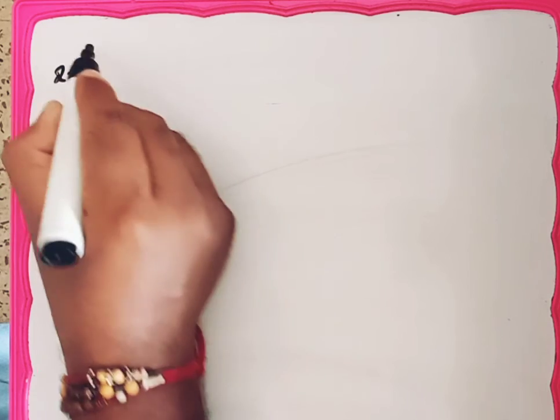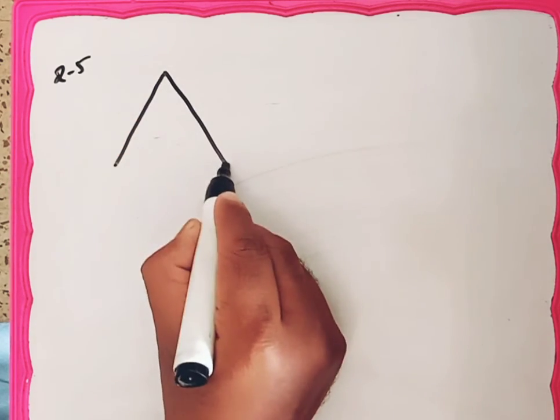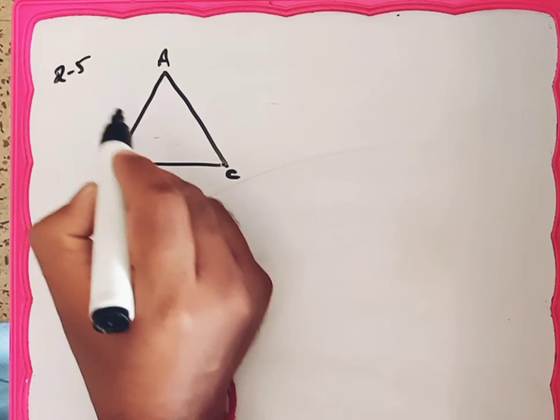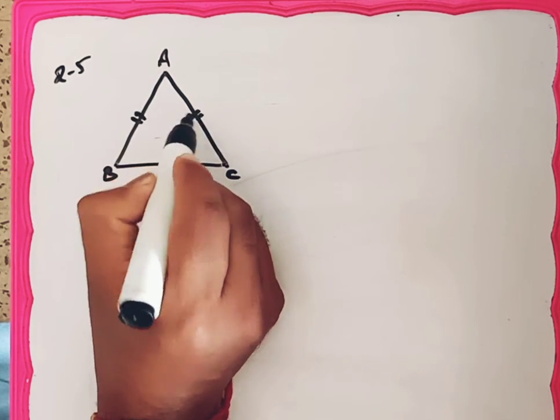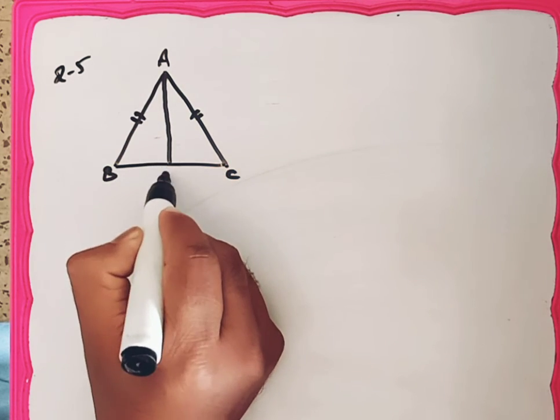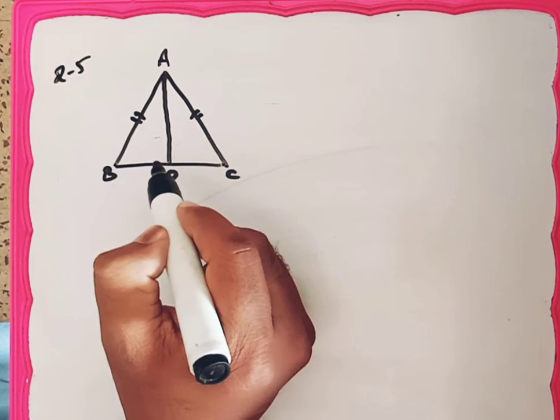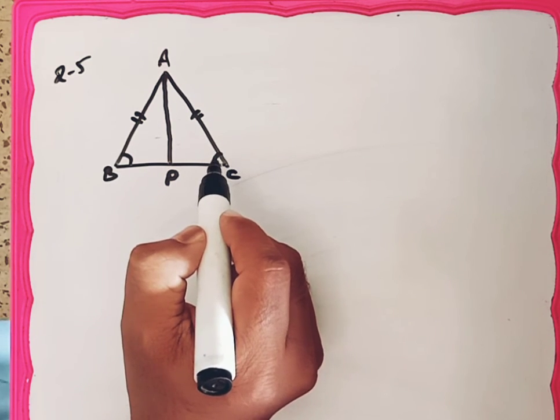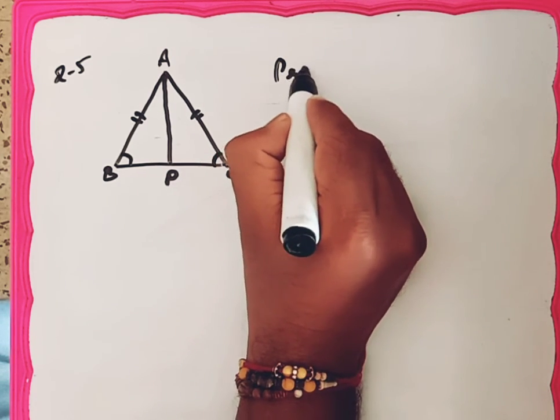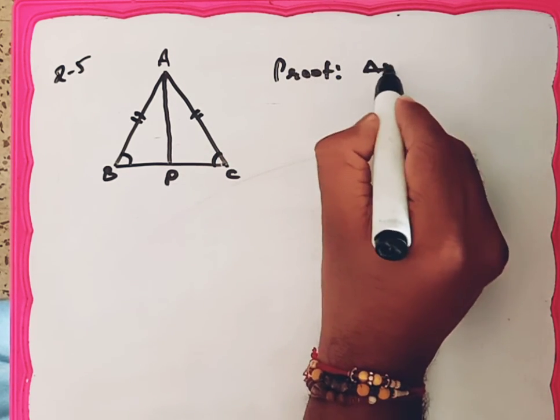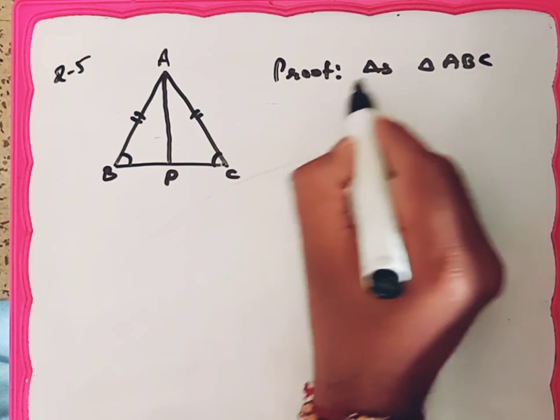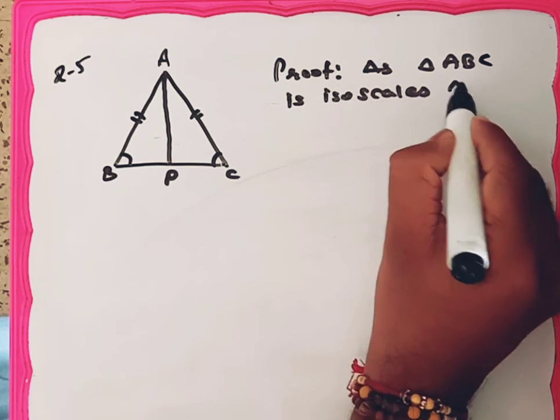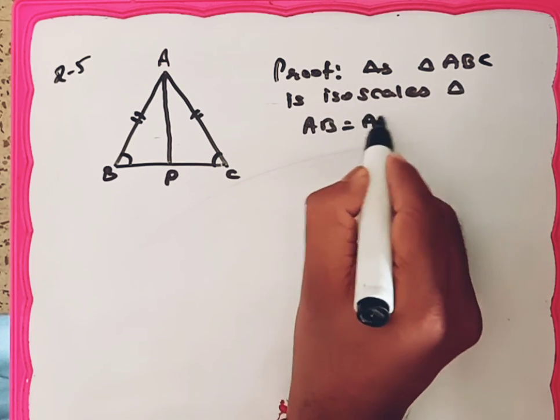Question 5: we have triangle ABC is an isosceles triangle with AB equals AC. Now if we construct AP perpendicular to BC, then we have to show that angle B equals angle C. So for the proof, as triangle ABC is isosceles, AB equals AC.